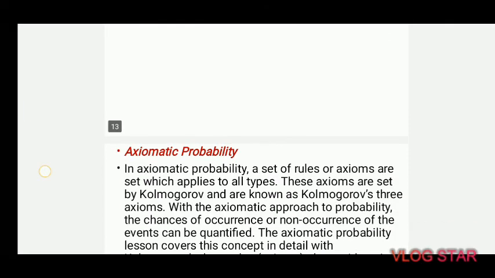Then we divide it by 2. So 6 divided by 2 is 3, and 10 divided by 2 is 5. That's why the answer is 3/5.